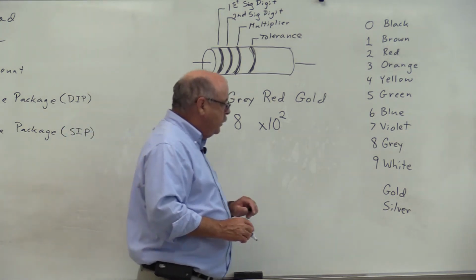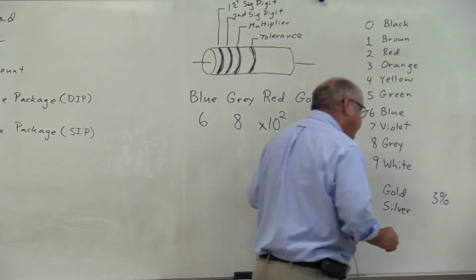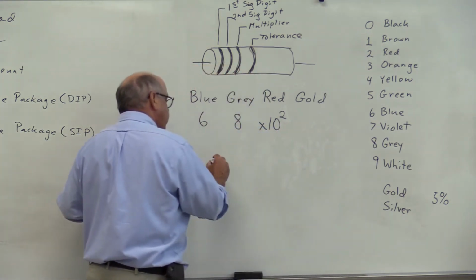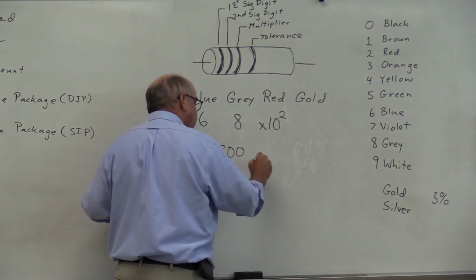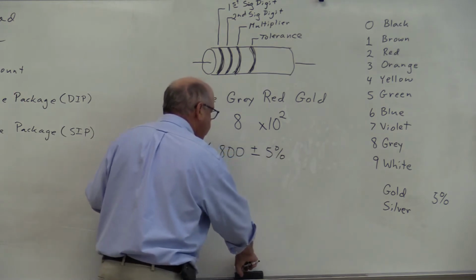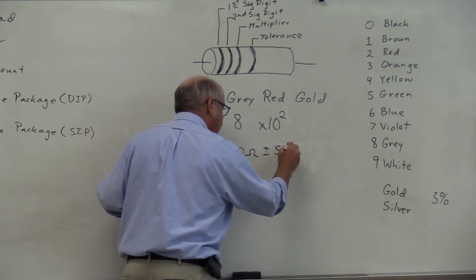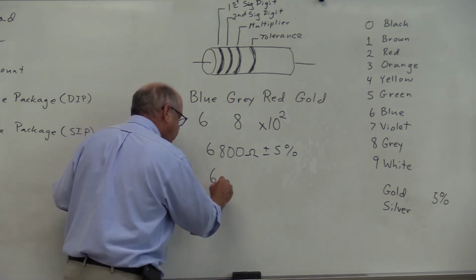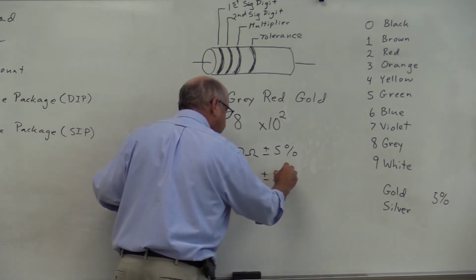Now, the gold band is the tolerance, and a gold band signifies 5% tolerance. So this resistor would have a value of 6800 plus or minus 5%, which we will express as 6.8 k ohms, again, plus or minus 5%.